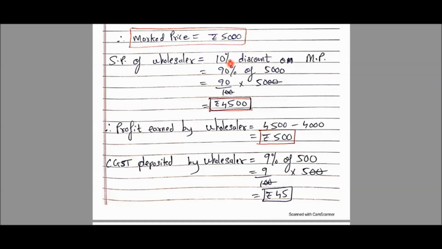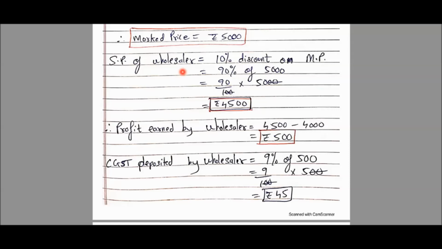So out of 100, if I minus 10, can I say 90% भरना है? Yes. So 90% of 5,000 needs to be paid by the retailer. Okay, this 5,000 is the mark price. So 90 upon 100 into 5,000. Zeros cancel and the answer is 4,500. This 4,500 is the selling price of the wholesaler when he sells to the retailer.